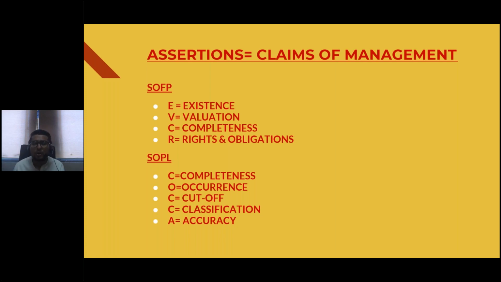So we have not recorded anything fake. As a management, you will claim that all the elements of the statement of financial position do exist. What does existence mean? Existence means that, let's talk about assets, all the assets which have been recognized by the management do exist.